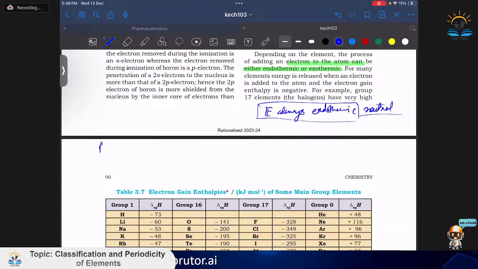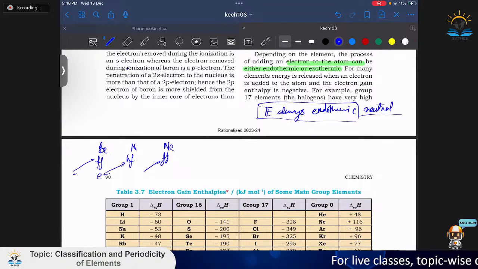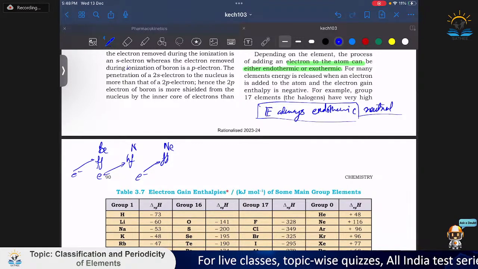Consider the previous examples of beryllium, nitrogen, and neon. This is fully filled, this is half filled, this is fully filled. So if I want to add an electron into each of these, will they want to gain an electron? They are fully filled.